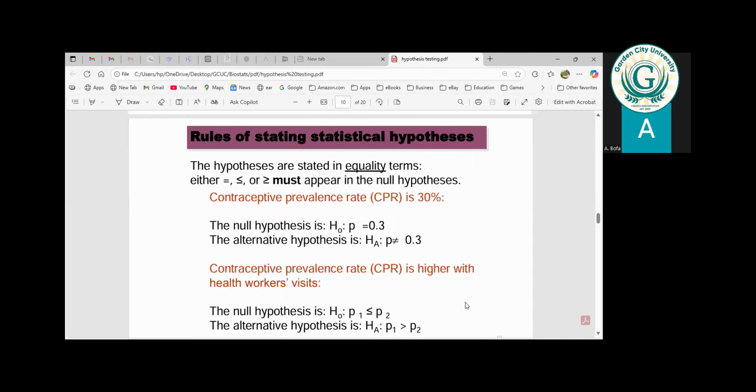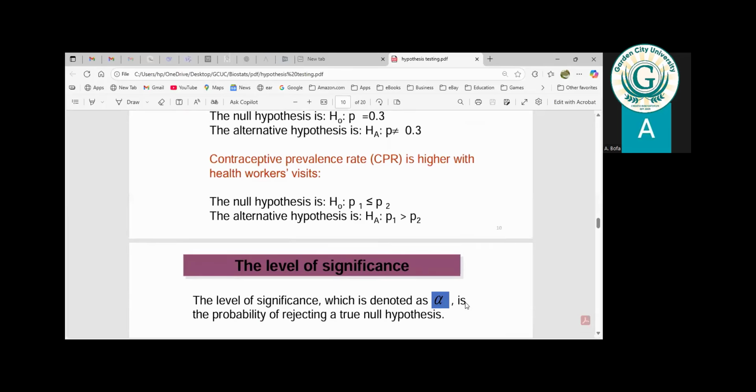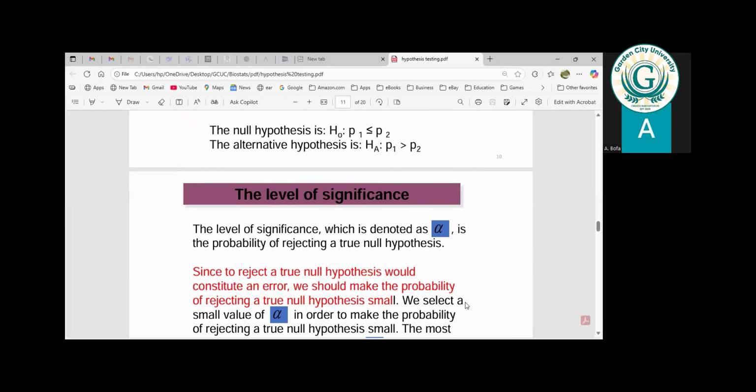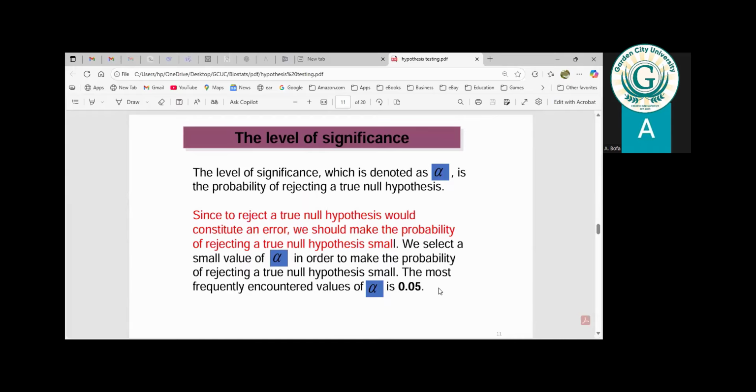But for this course, we are not going to test proportion. What we are doing is the test of means. That's what we are doing. But this is there so that in the near future, if you come by these proportions, you don't think that it's not possible. Okay, so this is possible. So please give me a few minutes. I will come and talk about the level of significance. Okay.